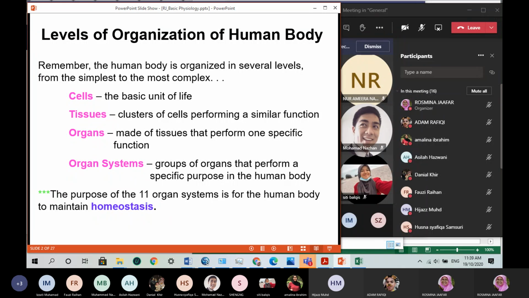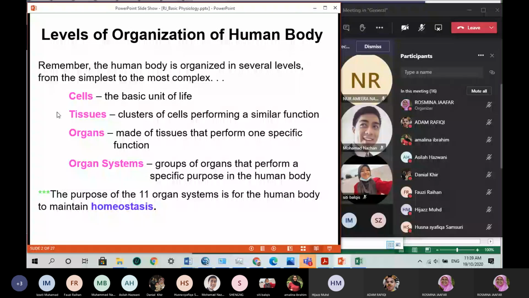To make up a fully functional human, it starts with the cellular level, which is the basic unit of life. The cells group together to produce tissues, which are clusters of cells performing similar functions.